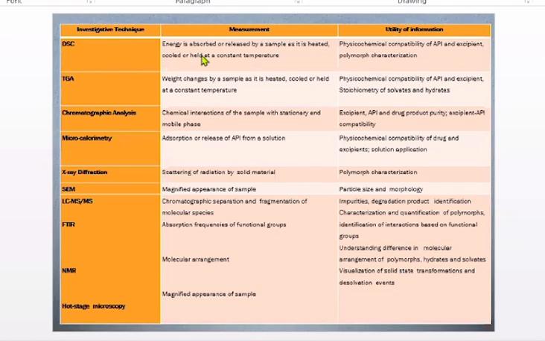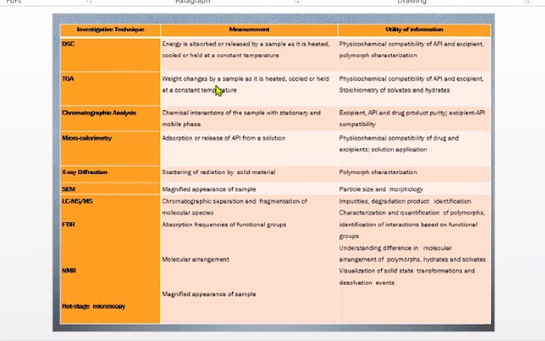In a typical sense, each substance is going to have a specific thermogram, which is going to be telling you how much energy is going to be absorbed or released as you apply heat. And if you add the excipient, that amount of energy released or absorbed should still remain constant even after addition of the excipient.